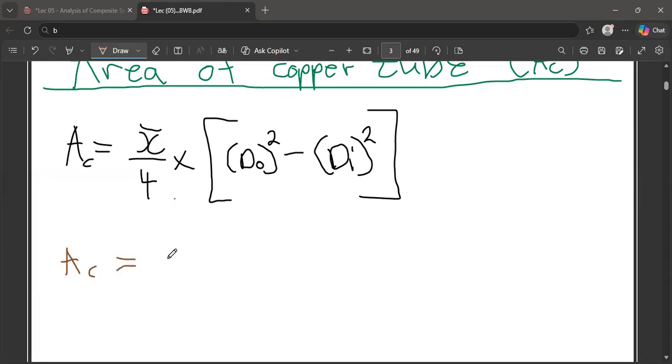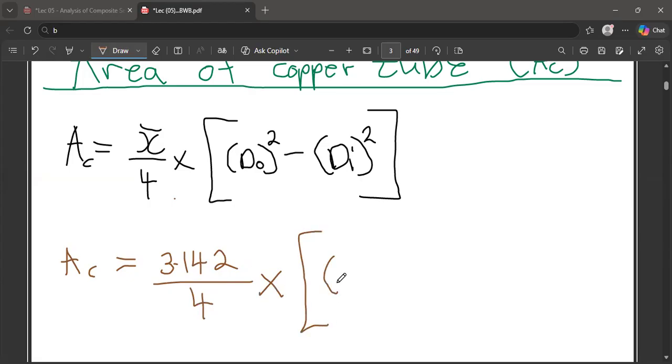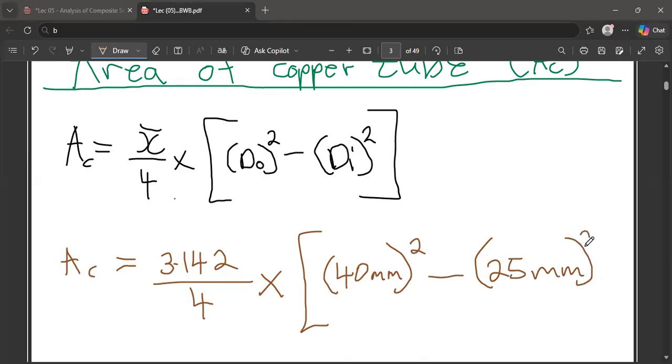So this is going to be equal to what? 3.142 all over 4, times, now we can say that the outer diameter was 40 millimeters, 40 millimeters all squared, minus the inner diameter, which was 25 millimeter, all squared.